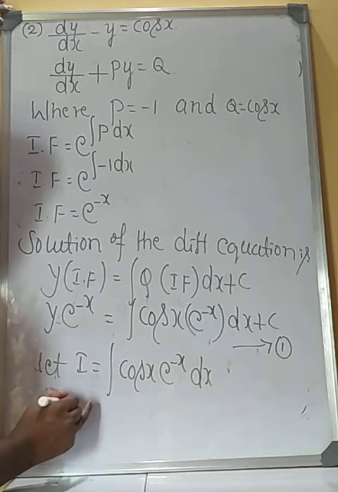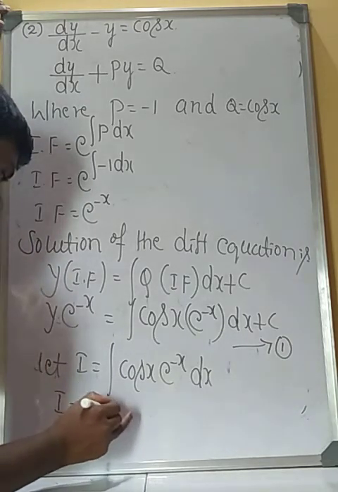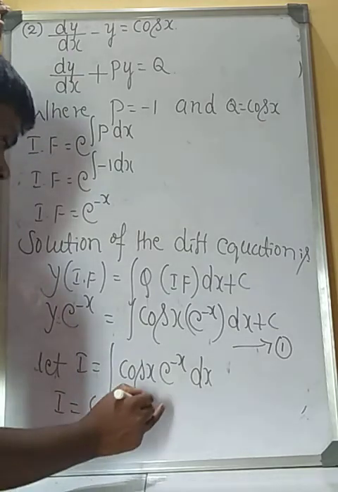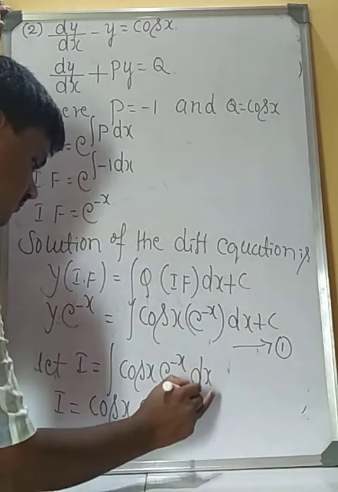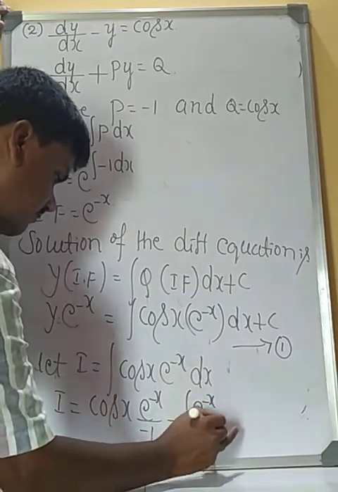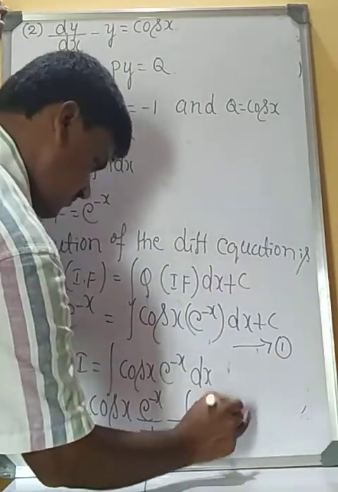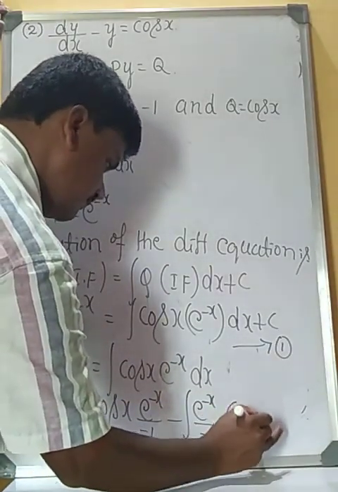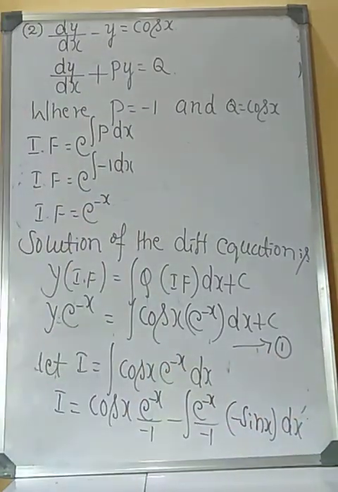Therefore, I is equal to the first function cos x, second function e power minus x by minus 1, minus integral of e power minus x by minus 1 into d by dx of cos x, which is minus sin x, into dx.